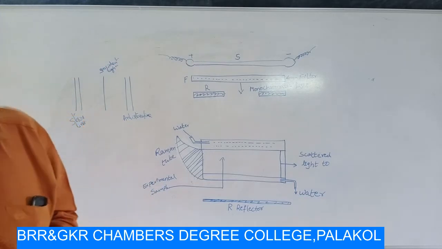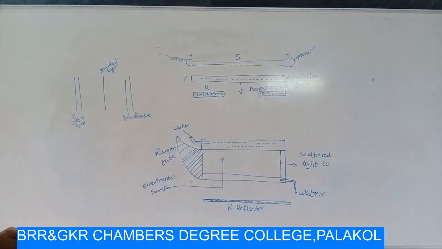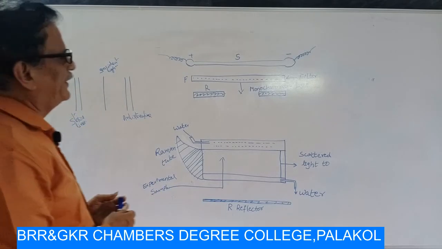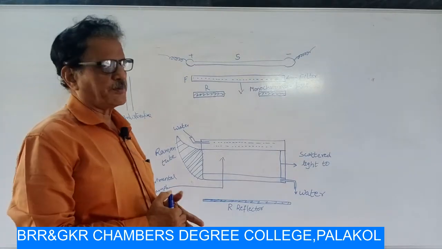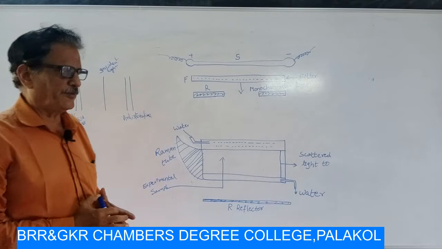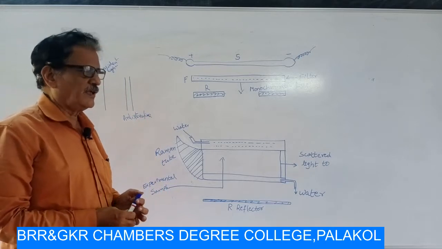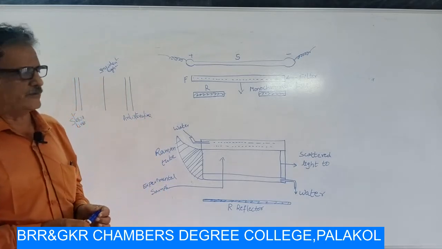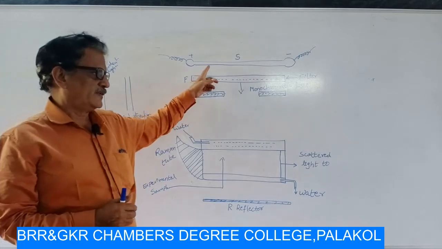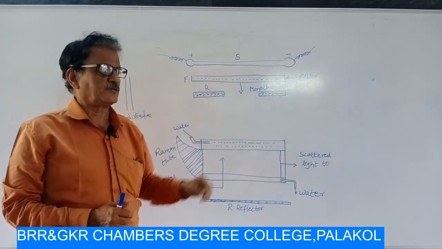The experimental arrangement to observe this Raman effect is as shown in the diagram. S is a monochromatic source of light.